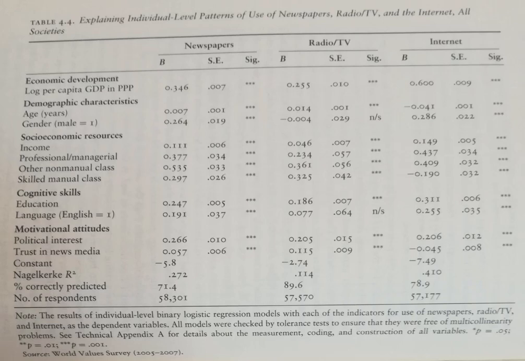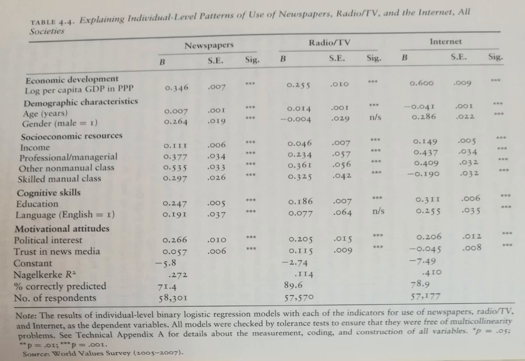While if you are skilled manual, so for example you make shoes, the more professional you are in that area, the less internet you'll use, but most probably you will use the radio and TV, and similar levels of newspaper.